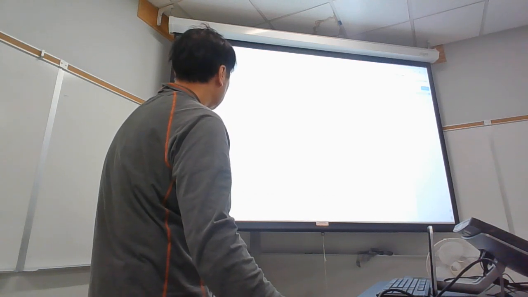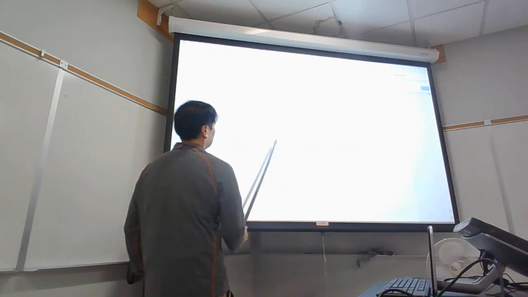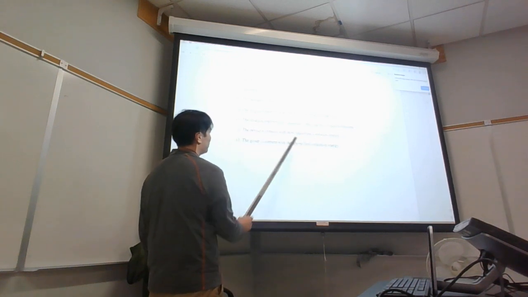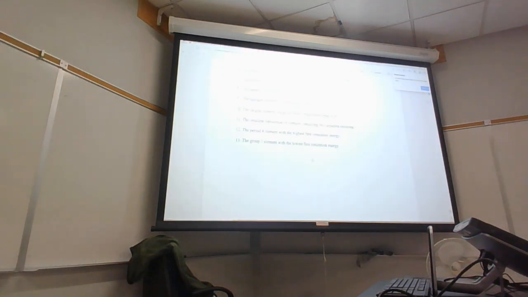So, etc. We're going to skip the rest of these, except for these 12. The period 4 element with the highest first ionization energy. So if we're in the fourth shell, which one should be hardest to ionize? Well, what happens with size? Is it biggest on the left or the right?